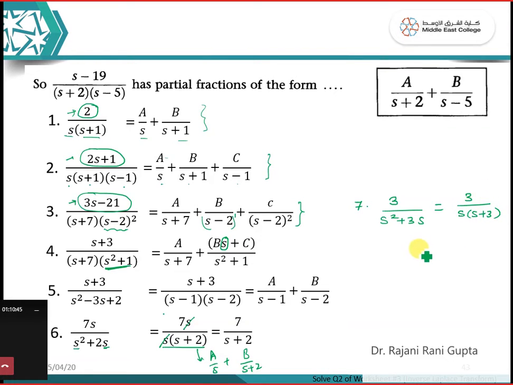Now here it is not possible to simplify, so in this case you don't have a choice. You have to write a over s plus b over s plus 3 and then work on it. But here it is possible to simplify, so cancel it. It will reduce your time. So just before moving to the next step in any question, try to simplify it. Is it clear?